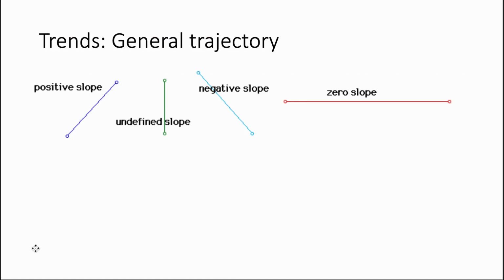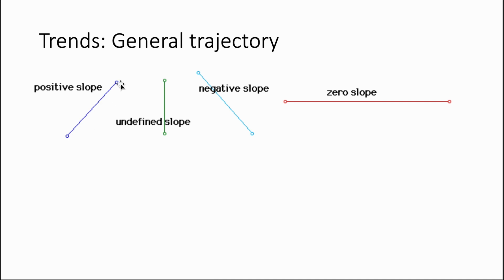So the general trajectory or slope of graphs you have to know. You have to imagine the y-axis and the x-axis, and this is a positive slope because as the x-axis increases, the y increases, right?